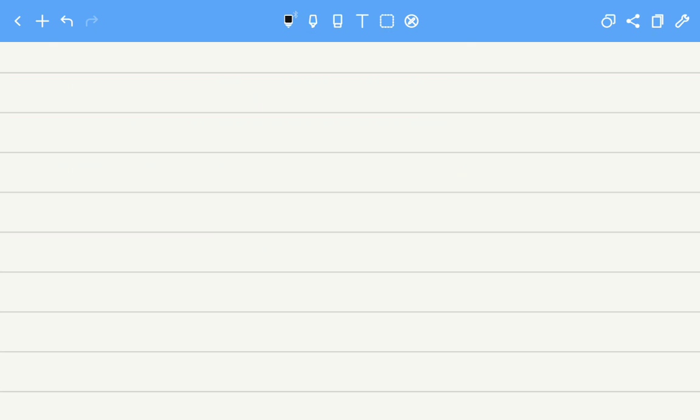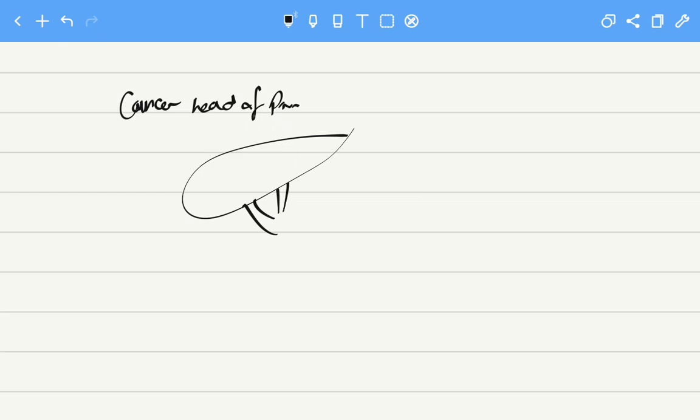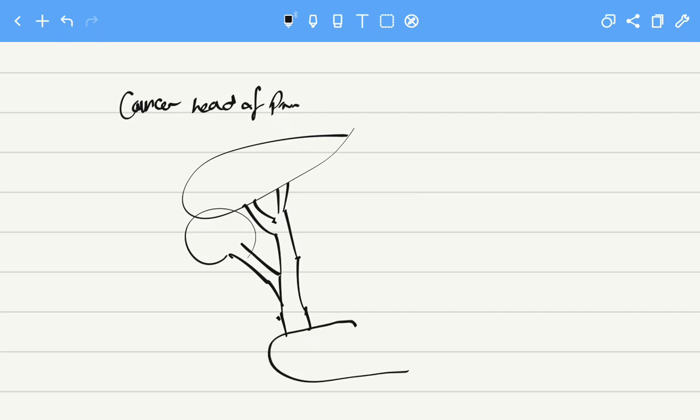What could be the cause of silent obstructive jaundice? It is due to cancer of the head of the pancreas. As we mentioned, this is our drawing. And this is the duodenum.